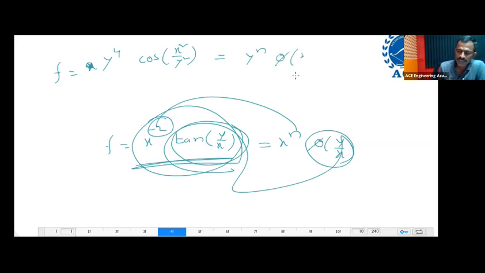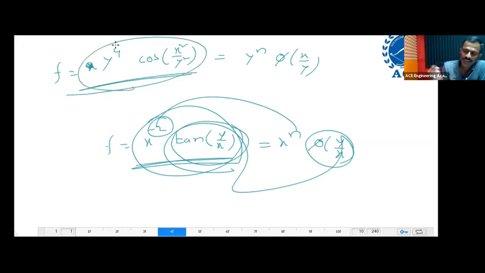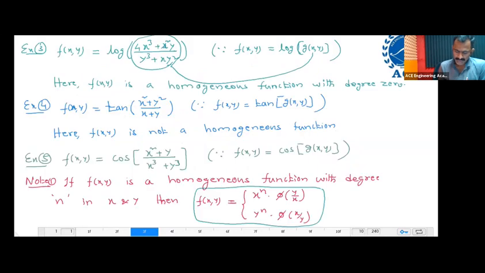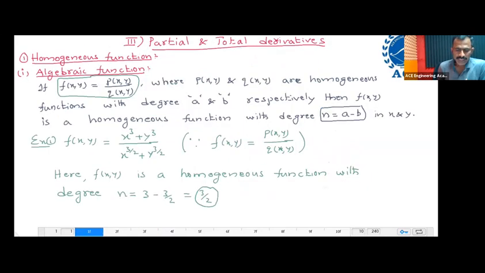So if any function is given like this, directly we can say it is a homogeneous function, with degree n equal to 4. In this way also we can identify a homogeneous function. So we have seen how to check whether a function is homogeneous or not, and if it is homogeneous, how to write the degree, for both algebraic and transcendental functions.